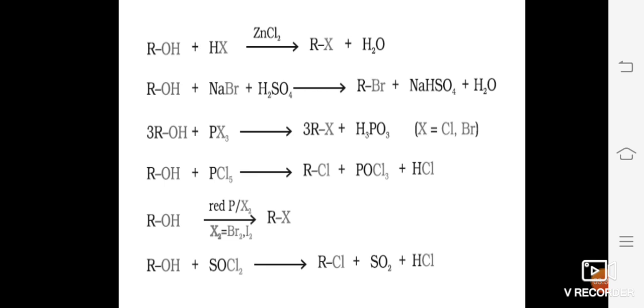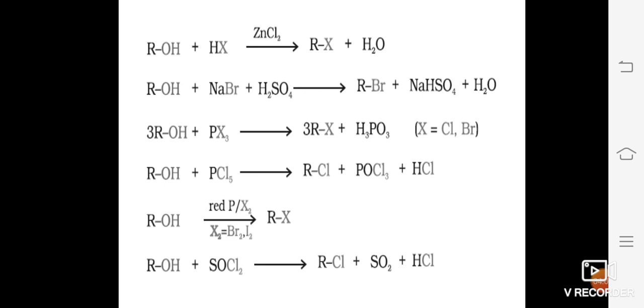In the next example, an alcohol is treated with a phosphorus halide, that is, phosphorus pentachloride, phosphorus fluoride, phosphorus bromide, or phosphorus iodide, which is easily accessible for the formation of an alkyl halide, RX, and orthophosphoric acid.